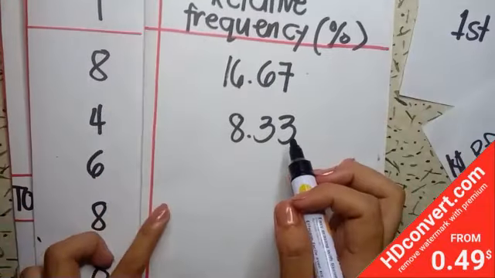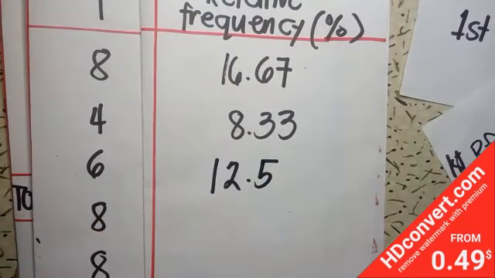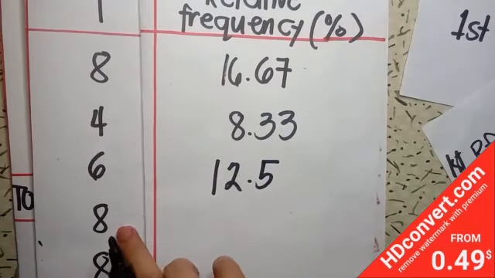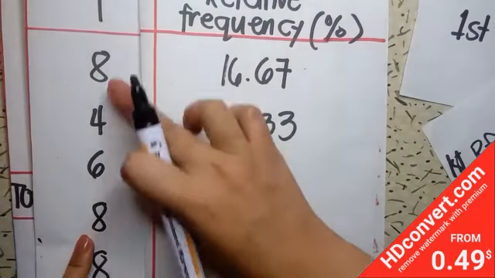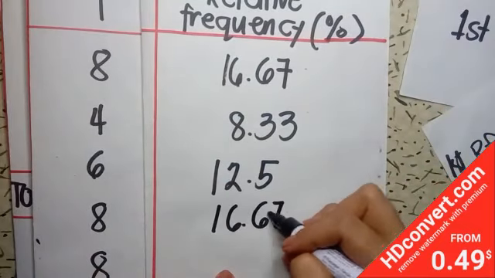So we have 12.5. Next, since the 8 is the same as the first, just copy it. So, 16.67.